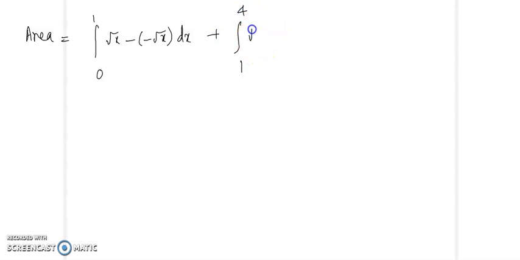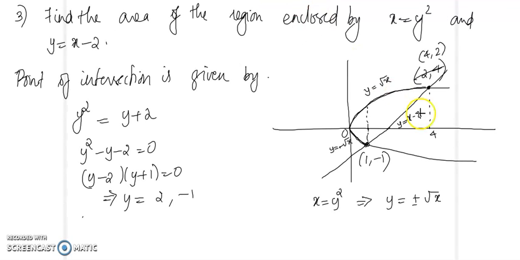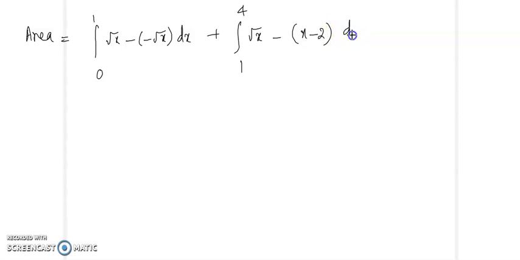So the area will be integral 0 to 1 of root x minus minus root x dx, plus the next integral, integral 1 to 4, where above you will have root x and below x minus 2, dx.